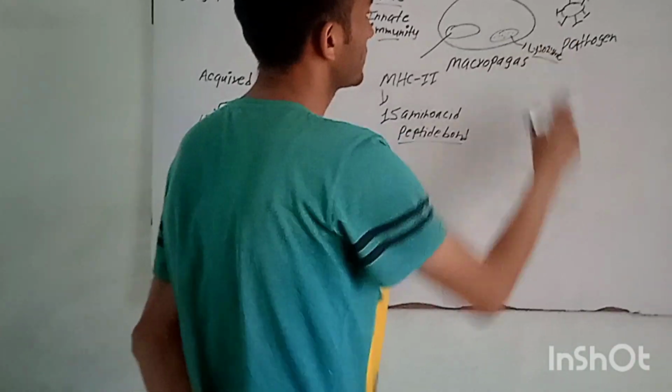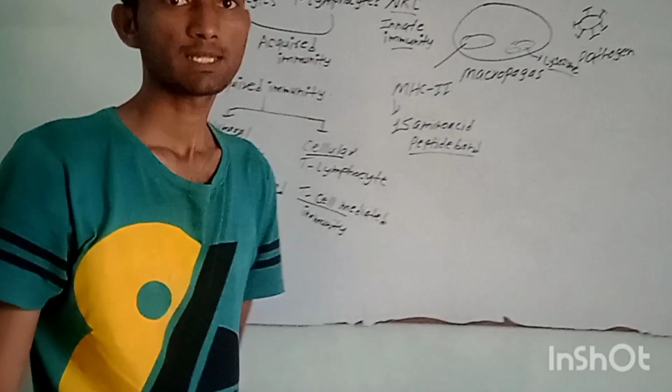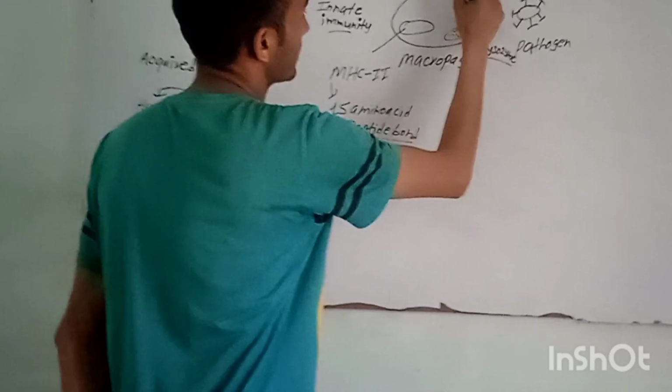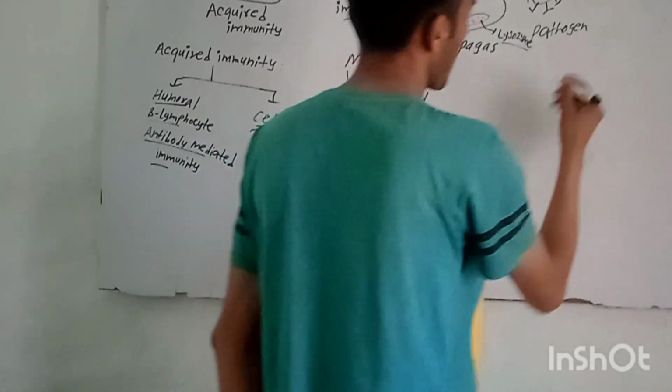This is the macrophage. This is the pathogen, and the macrophage is a phagocytic and antigen presenting cell. So the macrophage engulfs the pathogen.